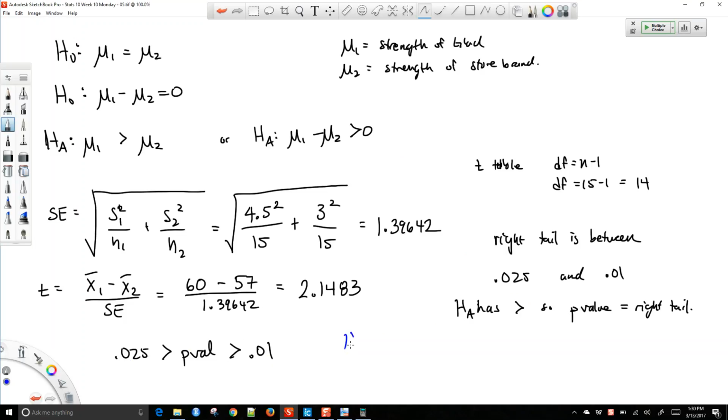If alpha is equal to 5%, then we reject the null hypothesis, and we say we have evidence that the name brand trash bag is stronger than the store brand.